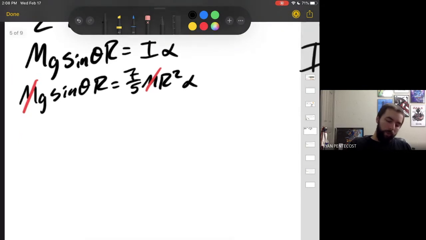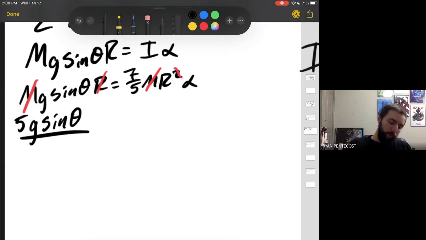If we divide that r squared over, we have g sine theta. That r is going to cancel with one of those r's. So then you're dividing by 7/5, which is the same as multiplying by 5/7 times the radius, and that equals alpha, right?